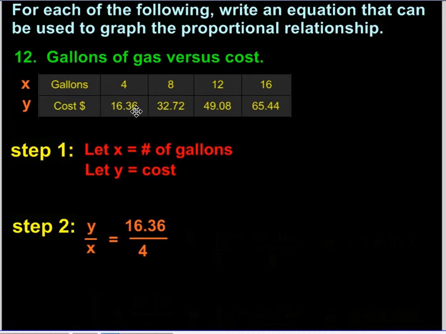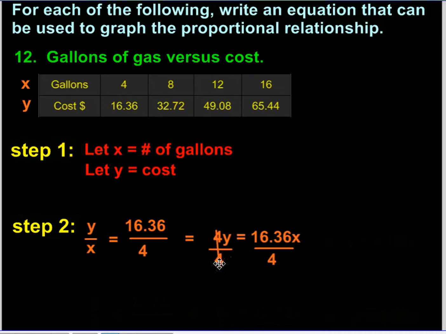$4 and $16.36 for 4 gallons of gas. So we said y equals the cost, so we associate the cost right next to y. We said x equals the number of gallons, so in this first piece of the chart we have 4 gallons. And then we have to go ahead, cross multiply these. And when we do that, we're going to get 4y equals 16.36x.